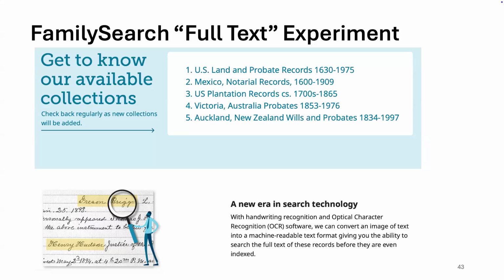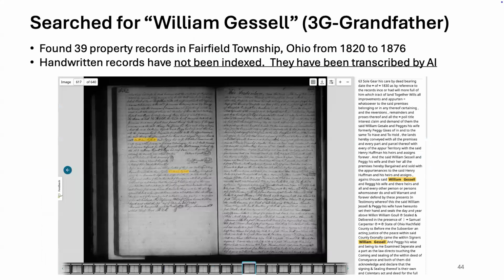Does it tell you where it found it, or does it just say, hey, I found this record? The comment was, it tells you where you found it. Yeah, absolutely. Here, this is my example. I looked for William Gessel, my third great grandfather in Ohio, and it found 39 property records for him, which I'm like, he must have been a land baron or something. I don't think he was, but anyway.